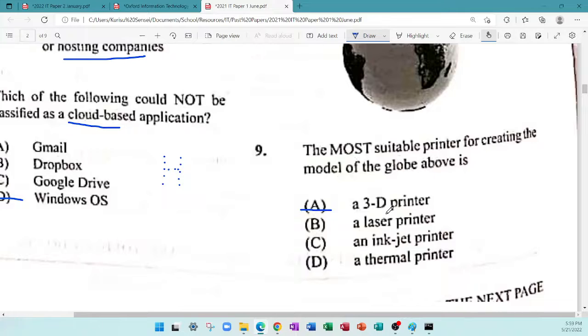A powder. Yes, a powder they call toner. That's for laser. Inkjet uses what? Liquid ink. So laser uses a powder, inkjet uses a liquid ink.